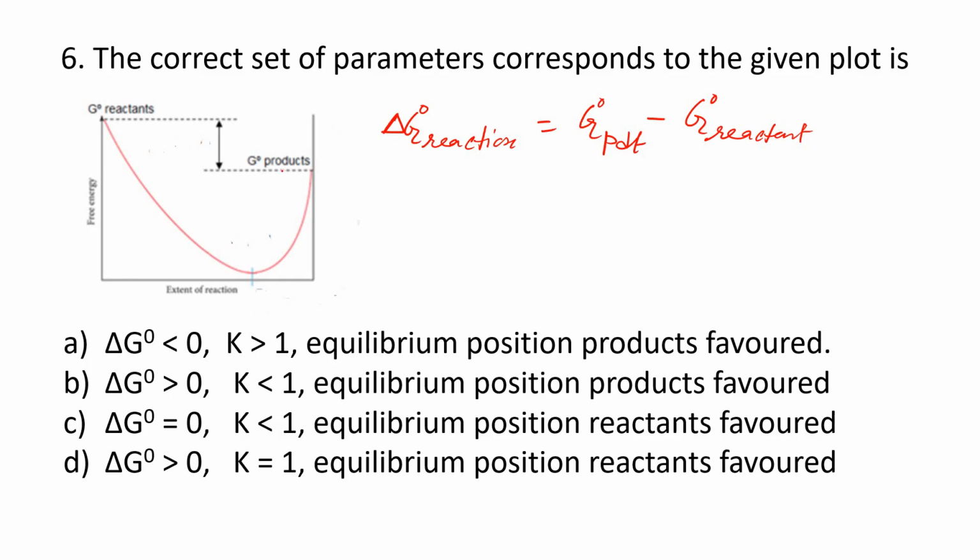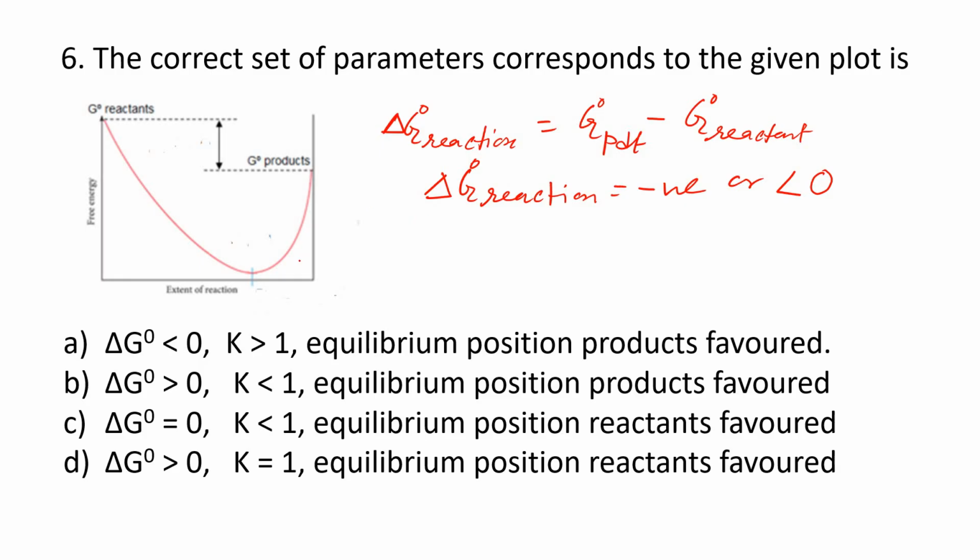Now here you see this product has less free energy than the reactant. So product minus reactant will be negative. So delta G0 of the reaction will be negative, or less than 0, right?